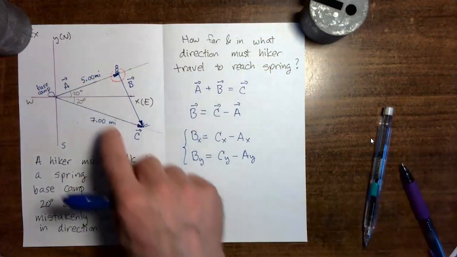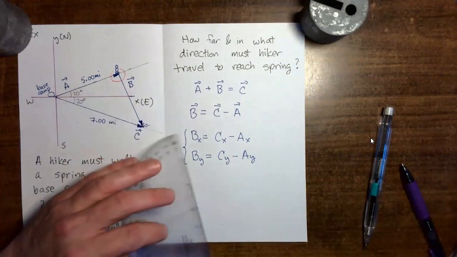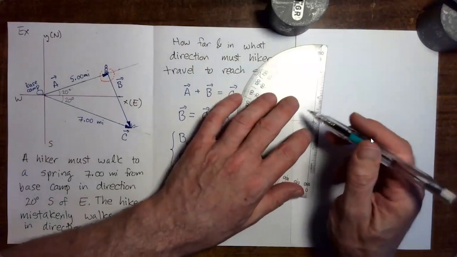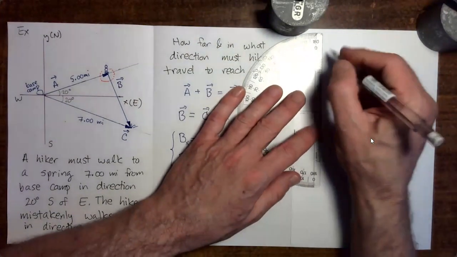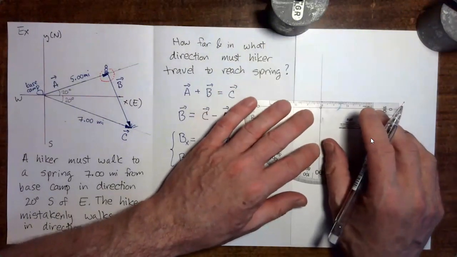All right, so let's find the x and y components of vector A. Okay, so to find the x and y components of vector A, let's just draw vector A on its own coordinate axes.